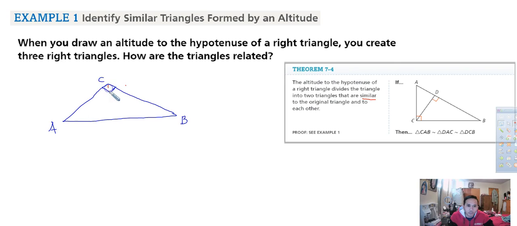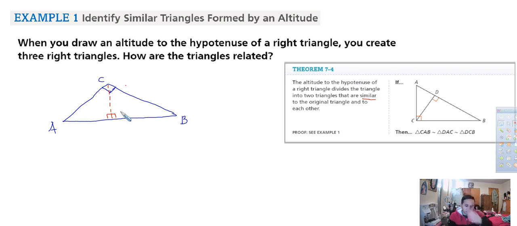Now this is the altitude. When you draw an altitude, the hypotenuse and the altitude form perpendicular lines. Therefore, there is also a 90-degree angle here.